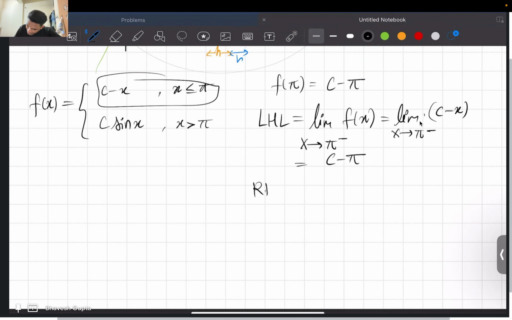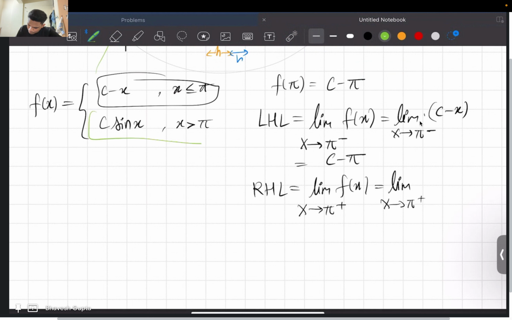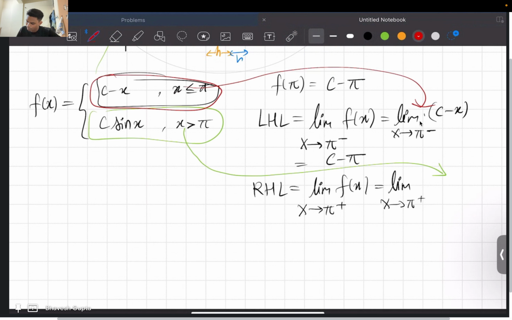But if we check the right hand limit, which is x tends to pi plus, we are approaching from the right, so that turns out to be the limit as x tends to pi plus, and we will use this definition, which is c sine x.